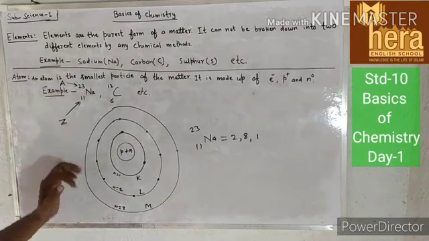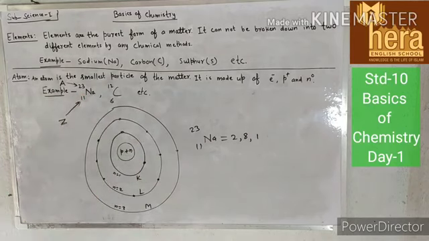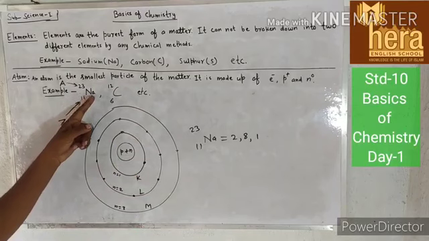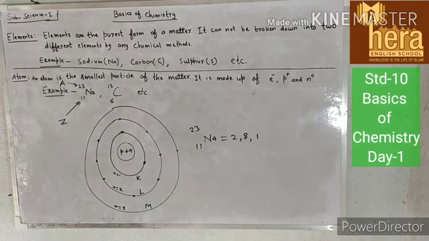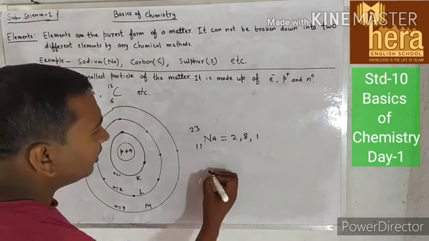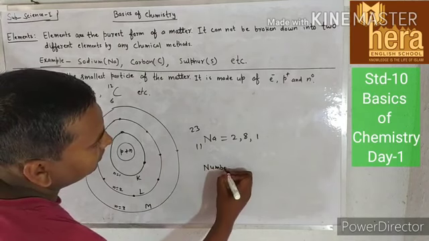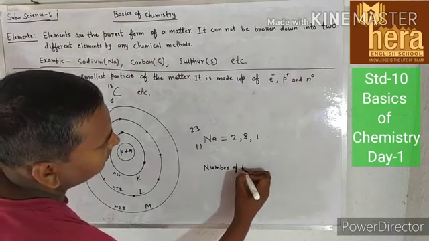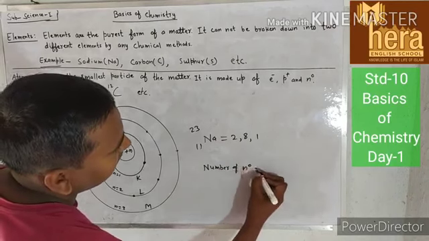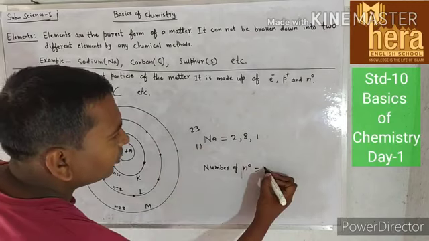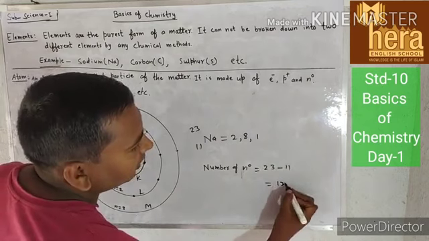If I say find the number of neutrons, and Na 11, 23 is given, then what you have to do? Number of neutrons is equal to 23 minus 11. That will be equal to 12.